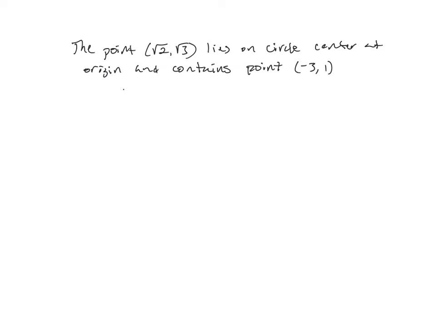So you don't necessarily need to draw the coordinate plane, and some of you might be going, well, how the heck do I graph square root of 2, square root of 3? Honestly, it doesn't matter, because I'm just going to go some distance to the right and say that's square root of 2, and then go some distance up and say that's square root of 3.